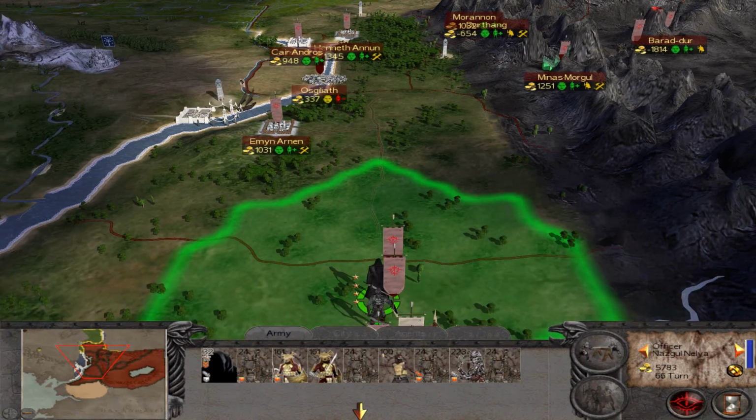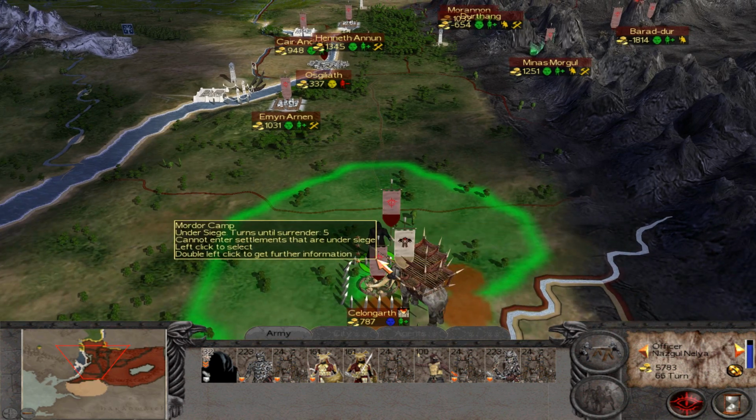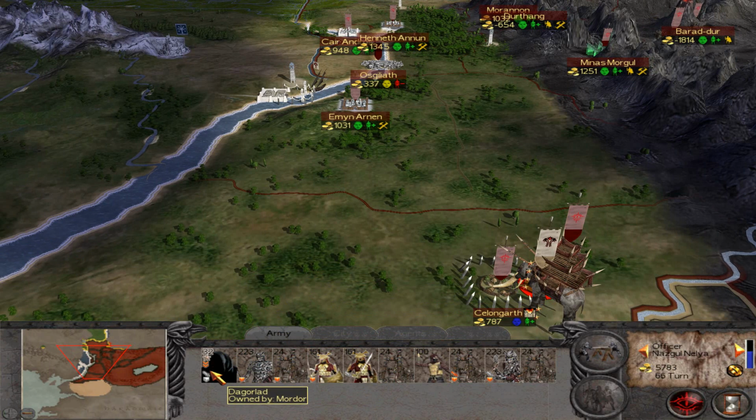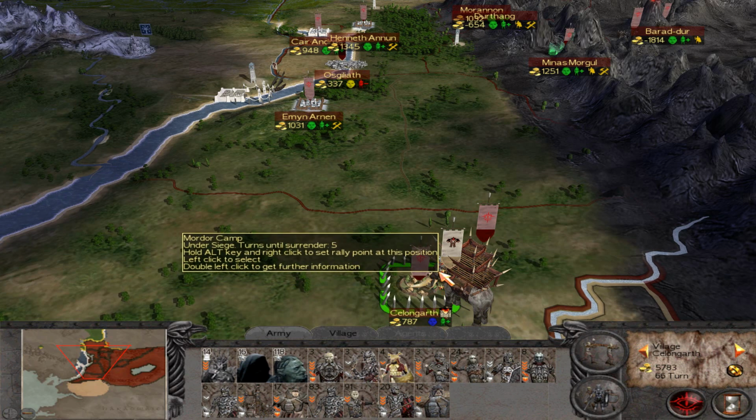Right. General, move out. Combining troops. March. Now we will be backed up by Nazgul Nelia in this battle.